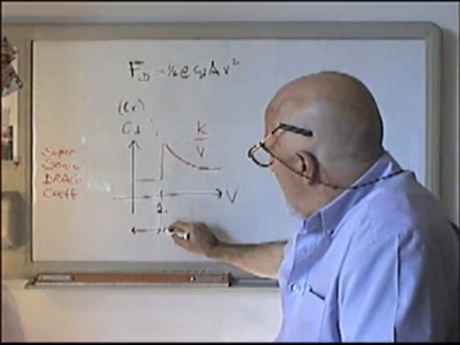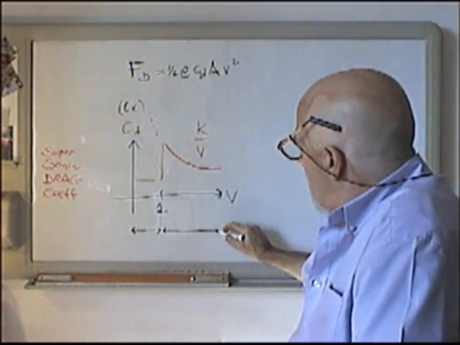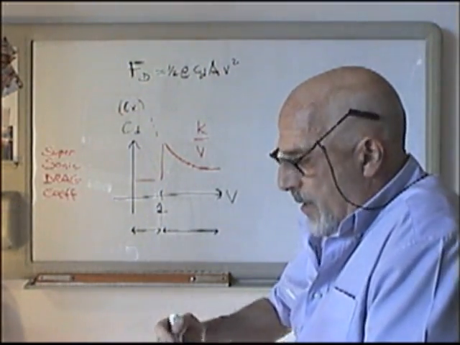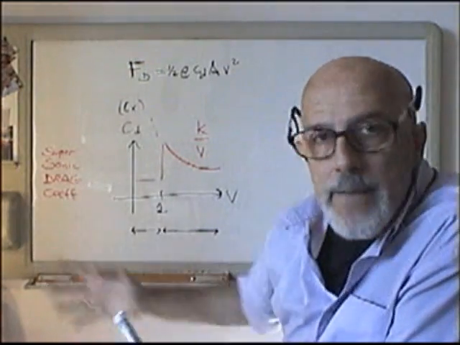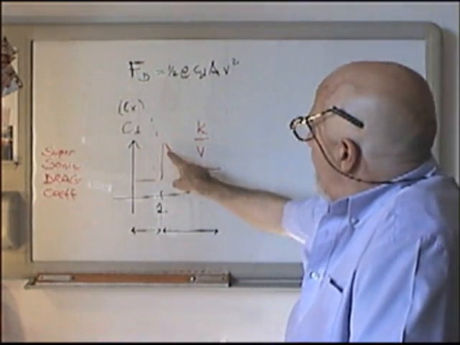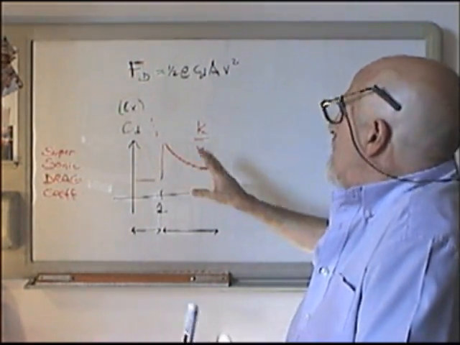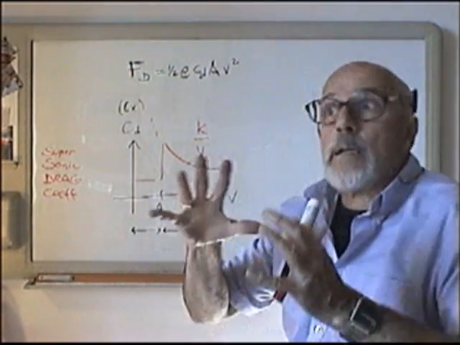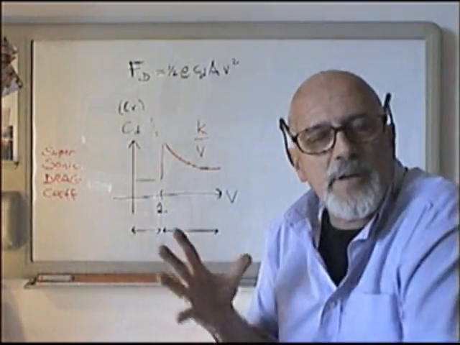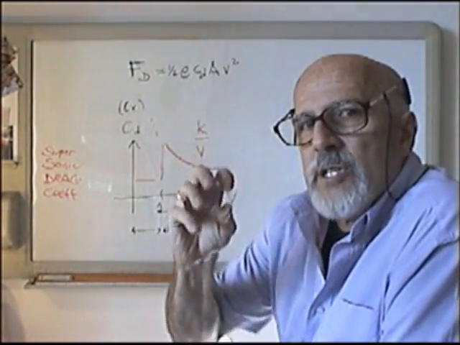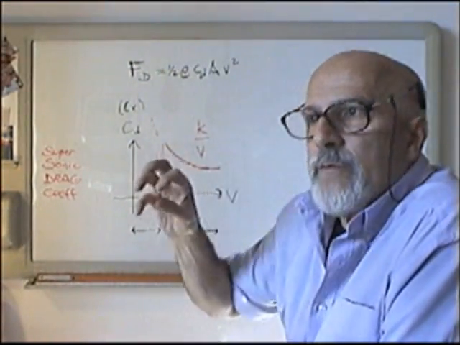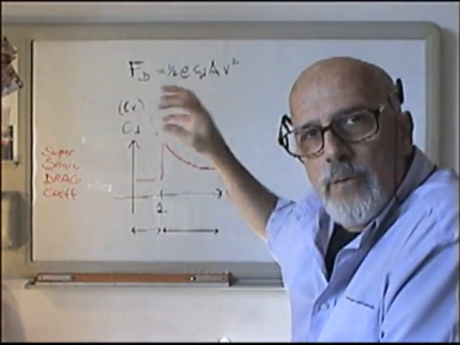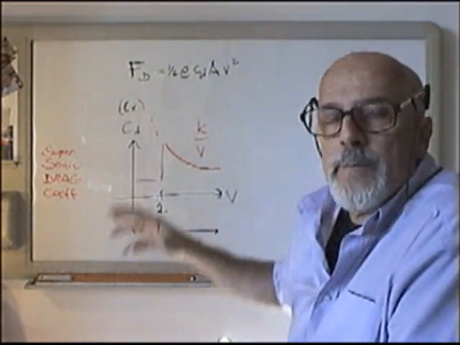Well, next, in this part of this range from Mach 1 to Mach n, if this is the situation, this means that the drag coefficient is not a real coefficient. A coefficient is something which is constant, and you put it in on a formula and you can calculate something.